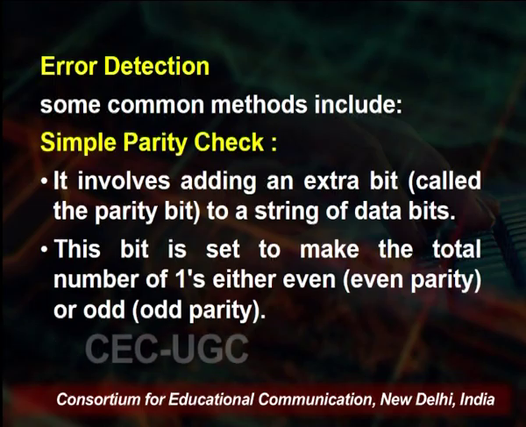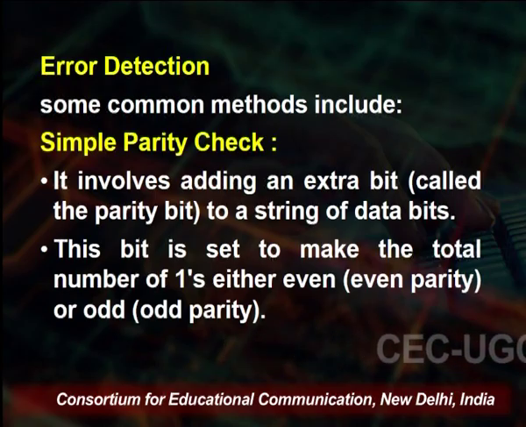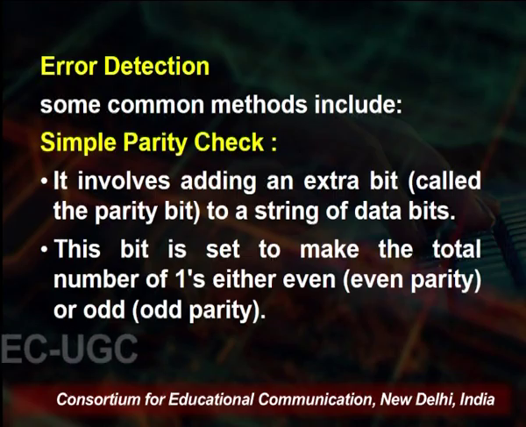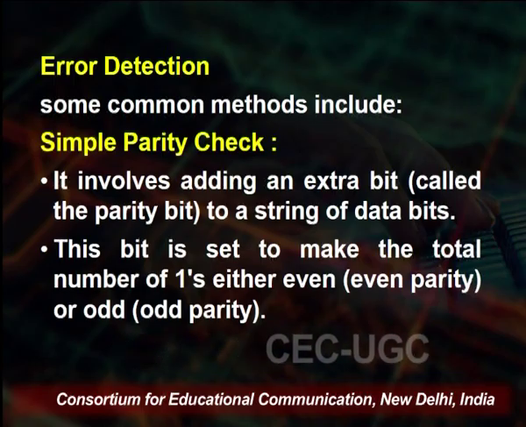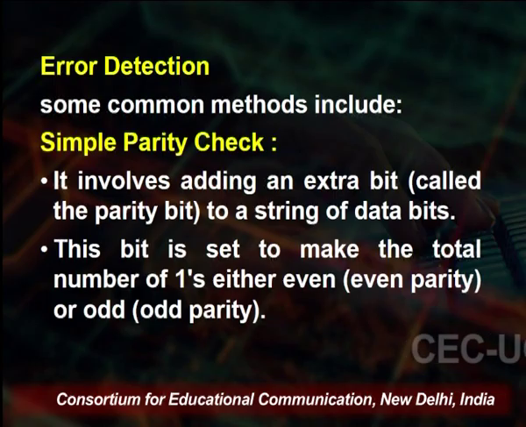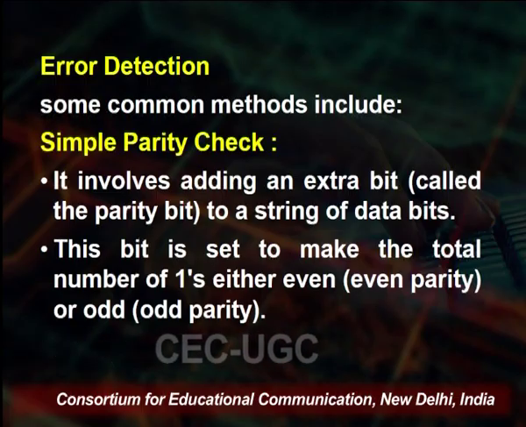This parity check involves adding an extra bit called the parity bit to a string of data bits. So, a string of data bits which is received is added with an extra parity bit. This bit is set to make the total number of ones either even or odd.